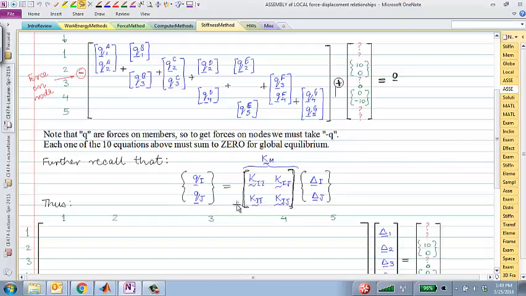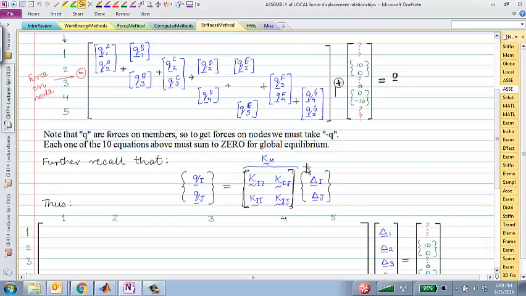What is this equation? These are indeed the member force, Q force, and delta displacement relationships. In what coordinate system? In the global coordinate system. We need that relationship to be in the global coordinate system.